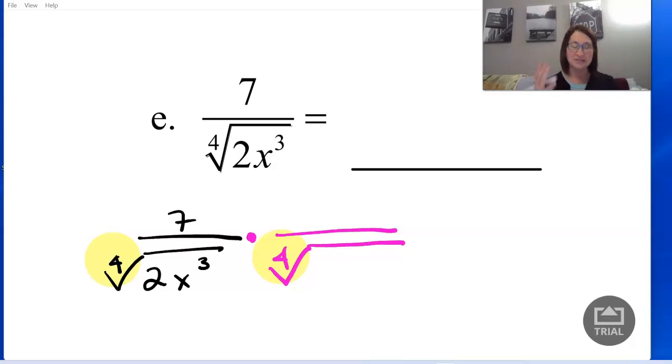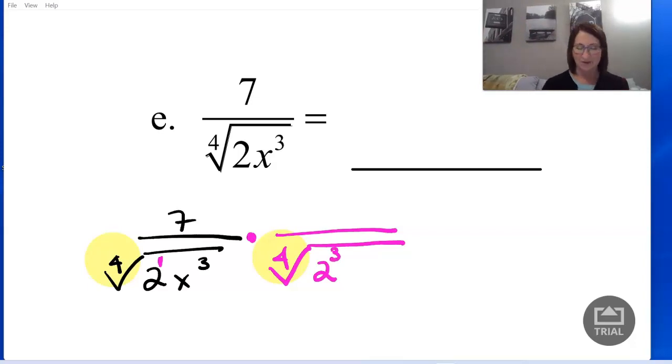Second thing, I'm going to start with my first factor of 2. I have 1, but I need to have 3 more so that my exponent will match my index. So I'm going to add those 3 right there.